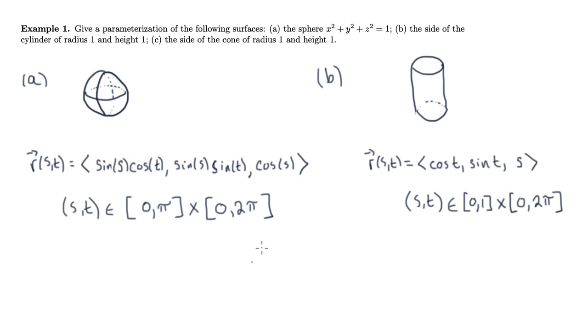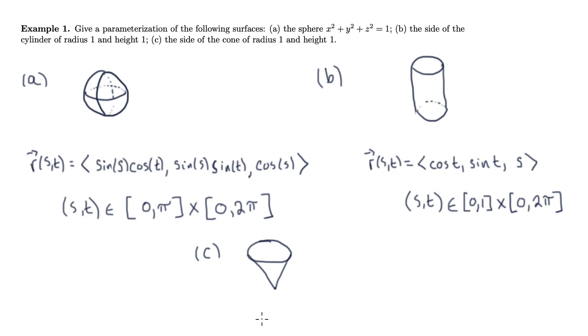Cool. So now, the last one, we have a cone. And this is a little bit trickier, I'll say. But a cone is sort of like a cylinder. And I want to think about, if this is the z direction increasing like this, the cross sections of the cone really are just circles.